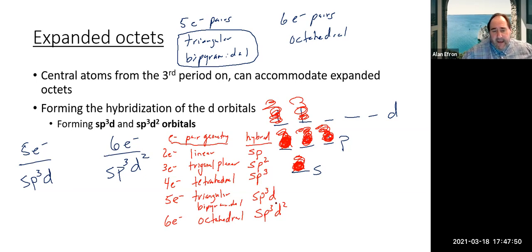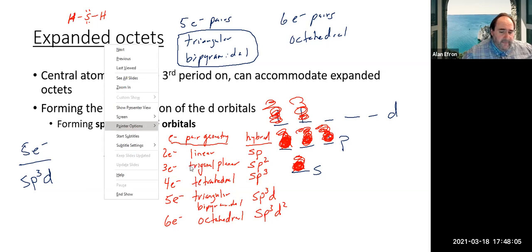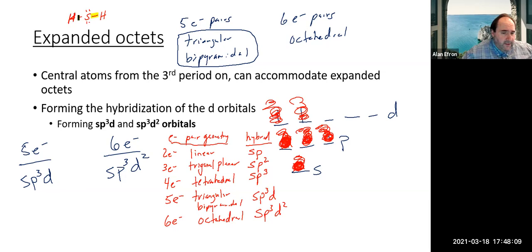So again, if we had something like this guy here, if we look at the central atom, which is sulfur, and we wanted to apply hybridization, we would count 1 electron pair, 2, 3, 4 electron pairs. 4 electron pairs would give me sp3 hybridization.